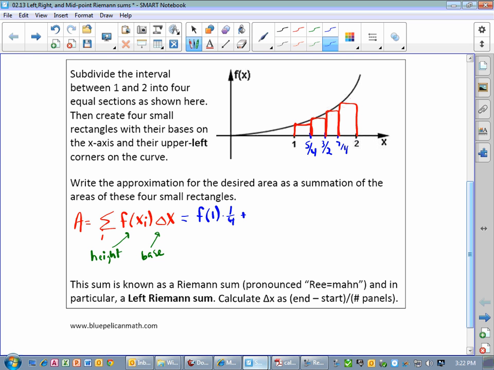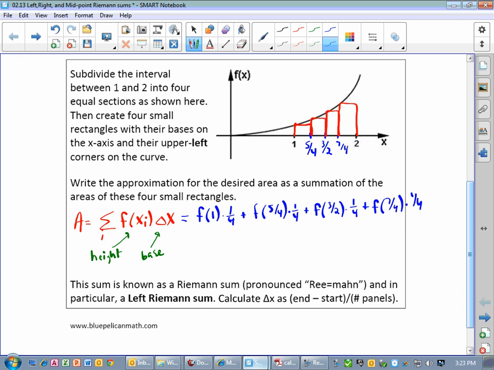So we've got our first term plus, we'll go to our next x value, so that'd be f of 5/4 times the base, which is also 1/4, plus f of 3/2 times the base, which is 1/4, plus f of 7/4 times the base of 1/4.